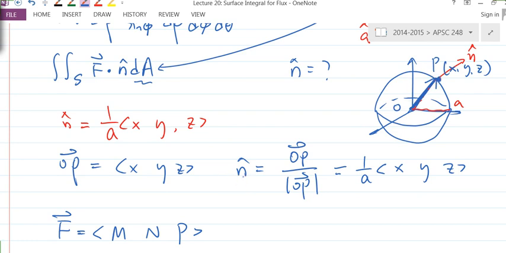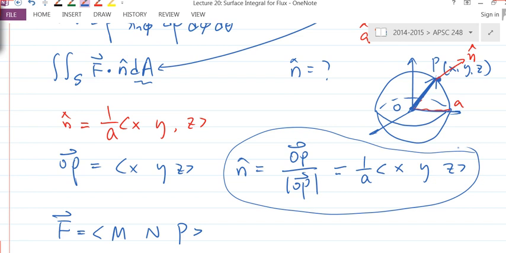N hat is a unit vector, so normalize OP with its magnitude. OP is x, y, z. What's the magnitude? It's A, the radius. So this is where the n hat comes from. Is that good?